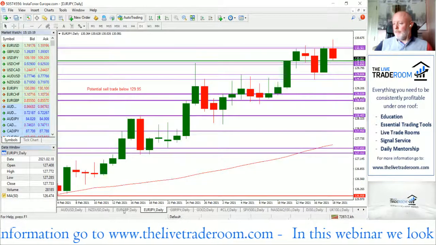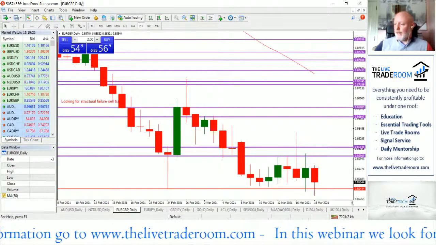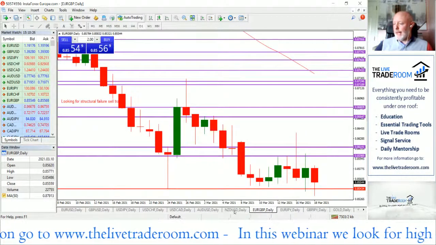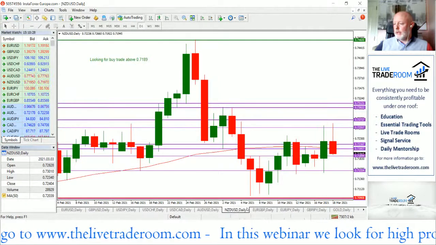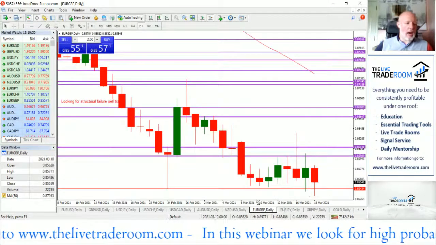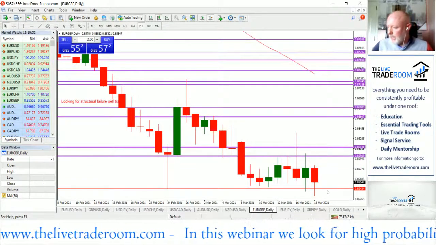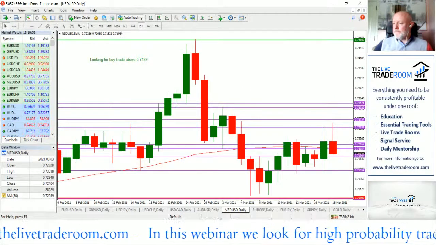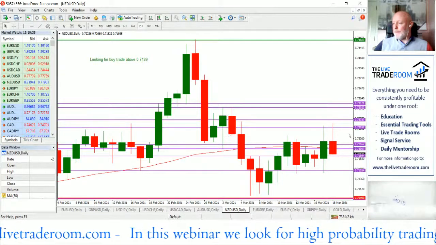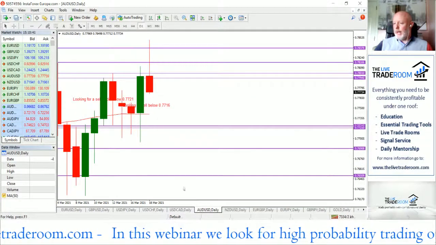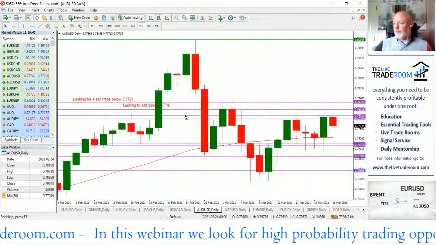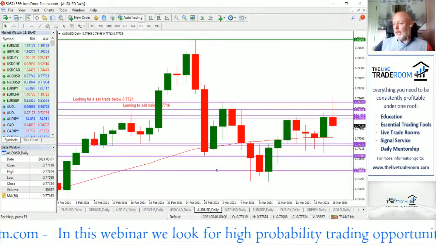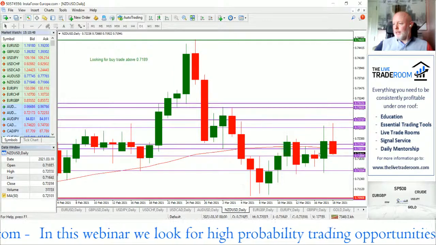The yen is beginning to find a little bit of strength. The euro pound is just rolling over to the downside, having made a new low, and we are looking for this market below the 85.43 level. The New Zealand dollar is really taking a move lower, and it's quite messy from a price action perspective.